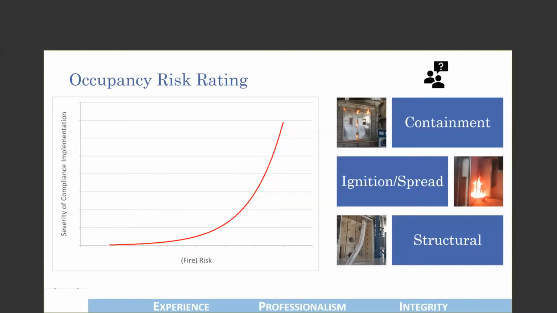Hence, as a very general outlay, the type of building and the complexity of a building defines the risk, and the level of awareness of occupants of what to do in a potential fire scenario defines this risk.